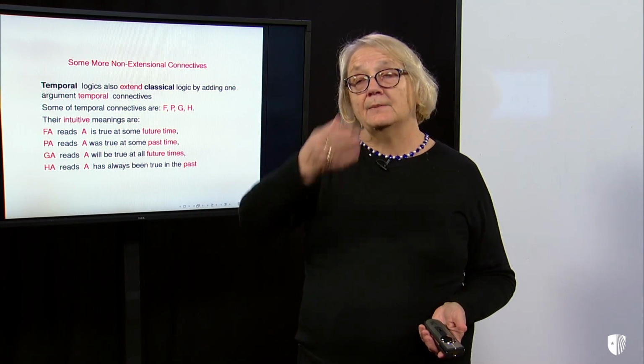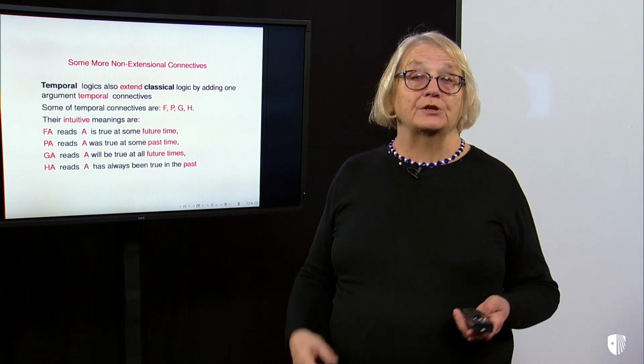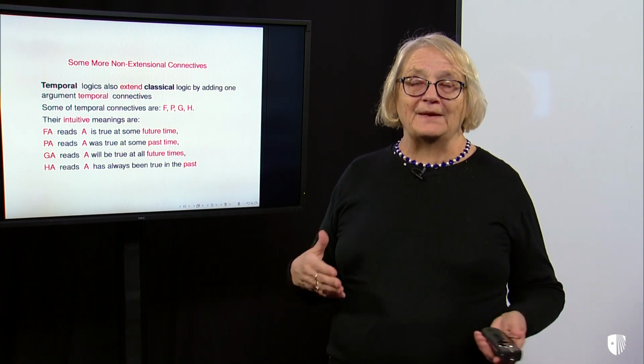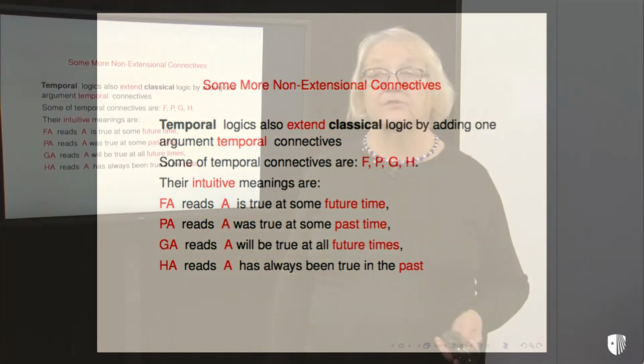Temporal logics, I am listing all these computer science logics, are the basic logic for programs, and are still being developed by computer scientists. The same goes for belief, knowledge, and other epistemic logics. These are all logics developed by computer scientists.